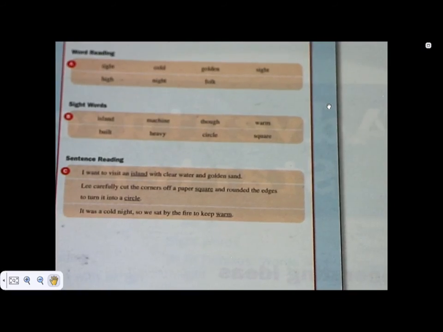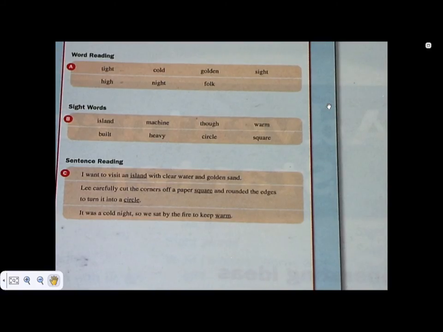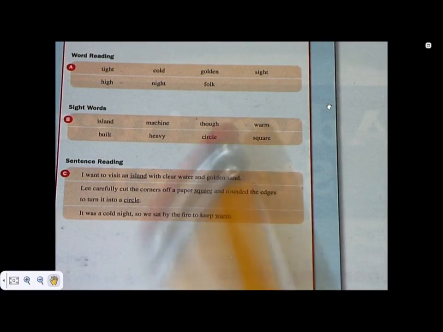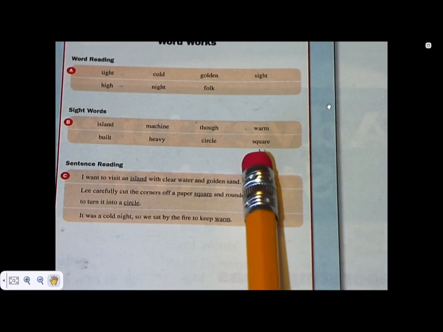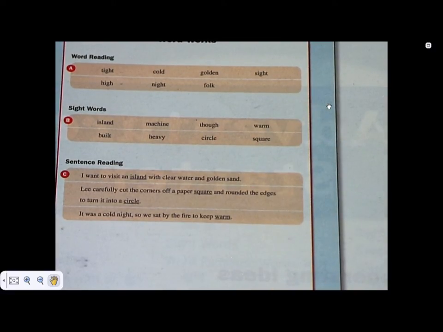Say it again. Circle. C-I-R-C-L-E. Next. Square. Repeat. Spell. Say it again. Square. S-Q-U-A-R-E.